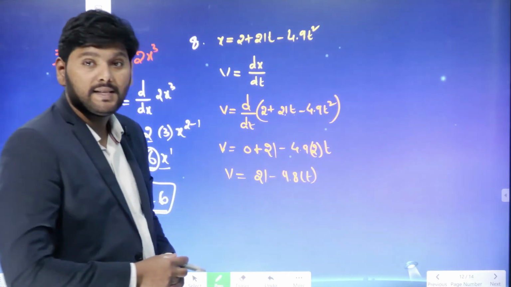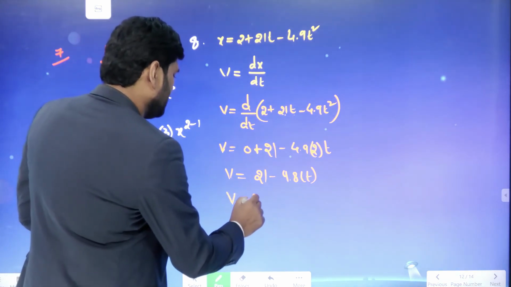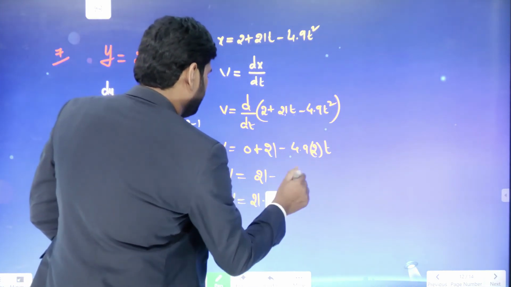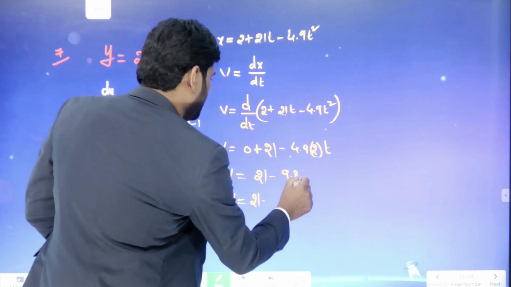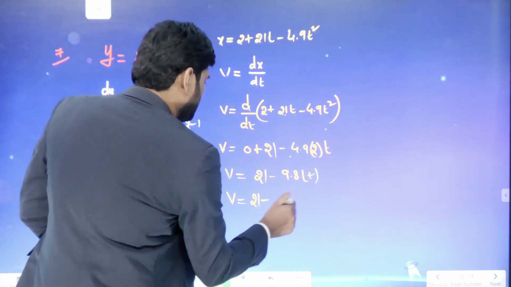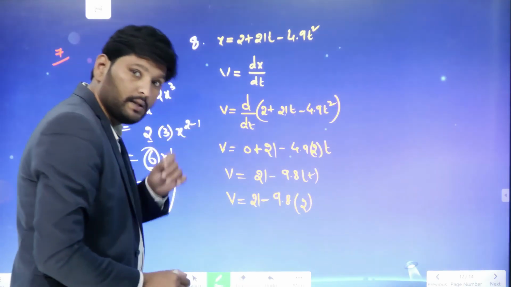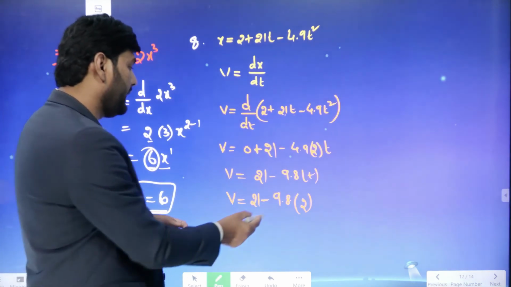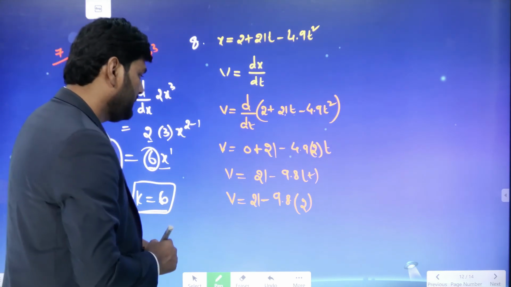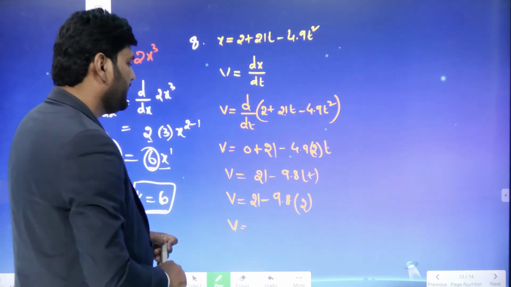But they are asking for the velocity at 2 seconds. So now you can put in the time value. Actually this is 9.8 into t. So 21 minus 9.8 into 2. 9.8 into 2 is 19.6.